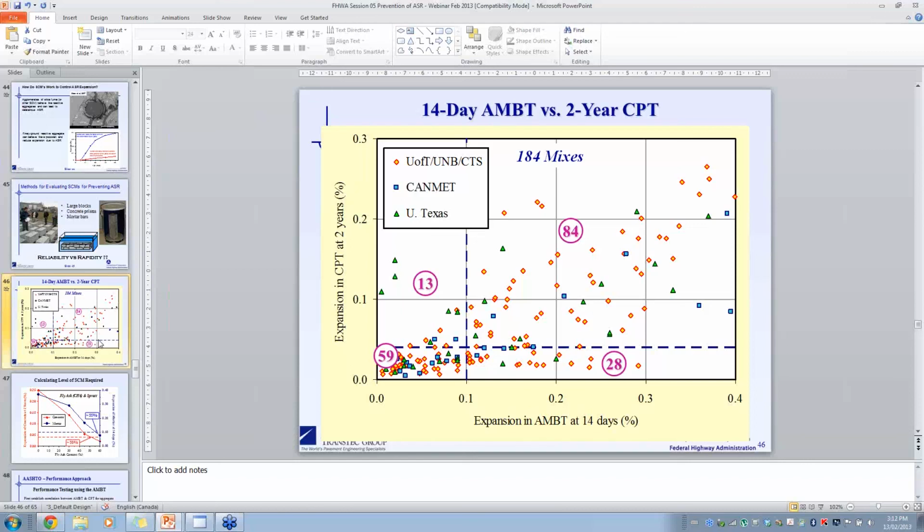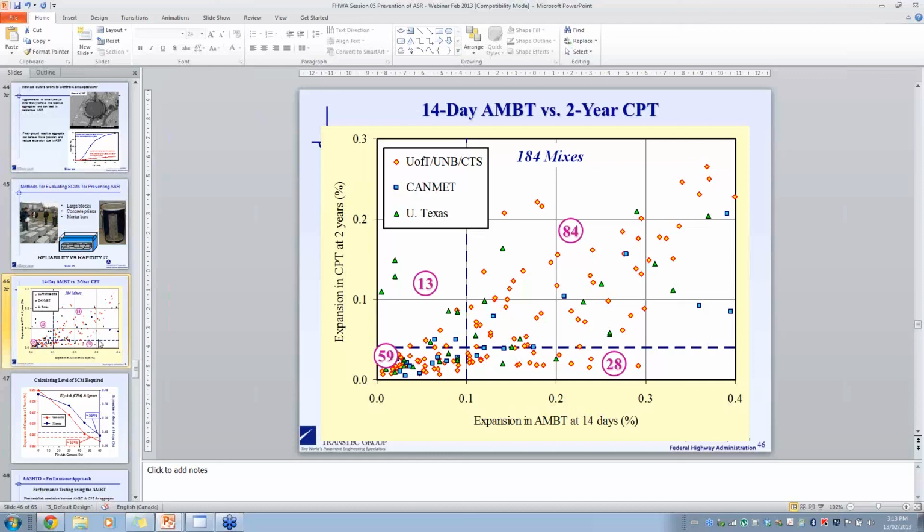With an aggregate that displays the pessimum effect, if you use it in the concrete prism test as a coarse aggregate, it's going to be there in a lower proportion than it is when you use it in the accelerated mortar bar test when you're using 100% of that aggregate. So the pessimum effect could also have an impact on this as well. So there are basically three different reasons: the processing, the potential for losing the reactive silica, and this pessimum effect. I don't know if that's a very adequate explanation.